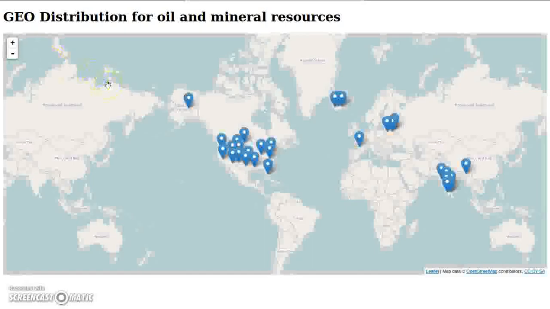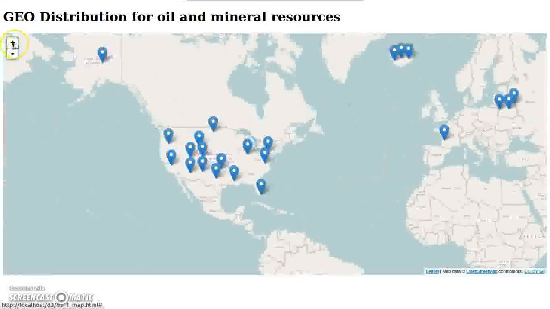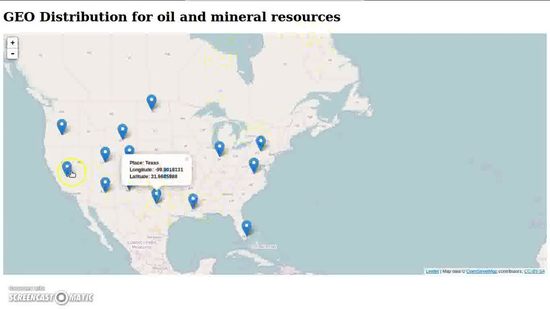So this is the map D3 visualization. As we can see, it is showing us a nice spatial distribution of regions which have oil and mineral resources. If we zoom in to the map, we see a more informative visualization, which shows which states in the USA have oil and mineral resources, such as Texas or California.